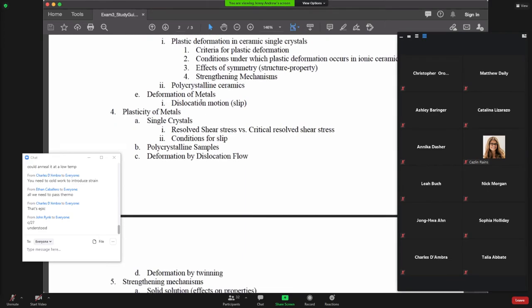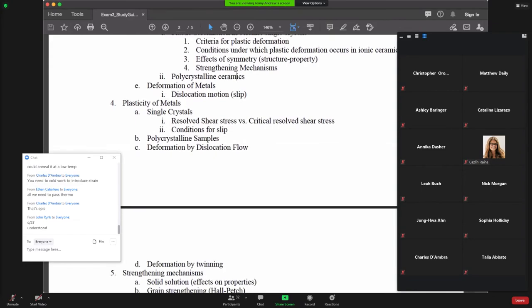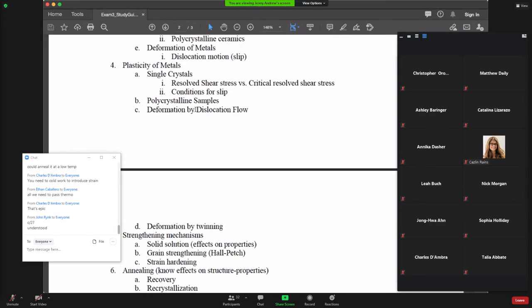And then deformation of metals, we've talked about this a lot. Plastic deformation happens because dislocations move. We've talked about slip. We've talked about slip systems a lot this semester. So when we talked about plasticity of metals, if you had single crystals, we had resolved shear stress versus critical resolved shear stress. So resolved shear stress is just saying, oh, I've got some slip plane and some slip system. What's the resolved stress in that plane?